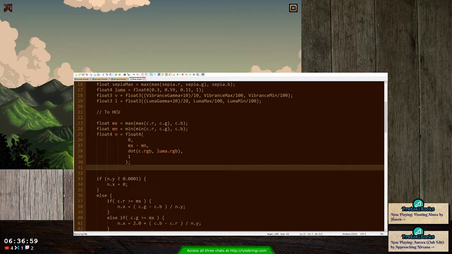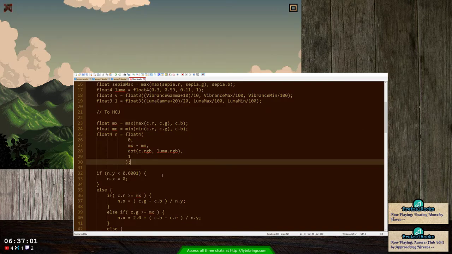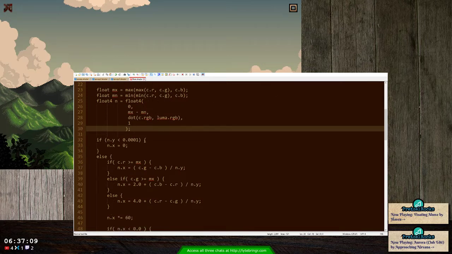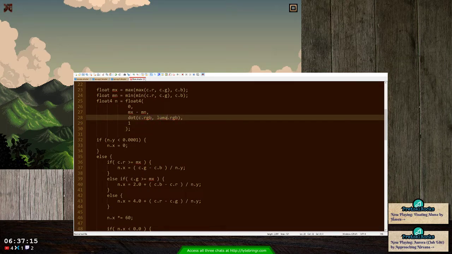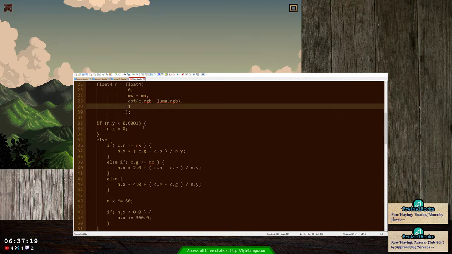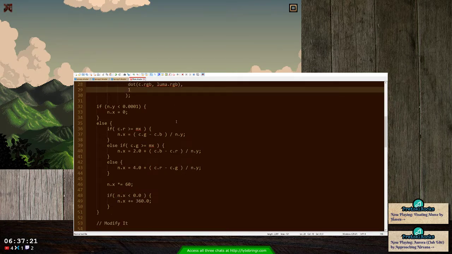So knowing that I can do this is nice, such that things become a little more readable, at least for me. Some people love just having it all in a line. I kind of like breaking it apart so you can see each of the parameters one by one. So when you've got dot, you don't necessarily need that. But when you have more than 2 parameters or each parameter gets a little big, not really worth it.